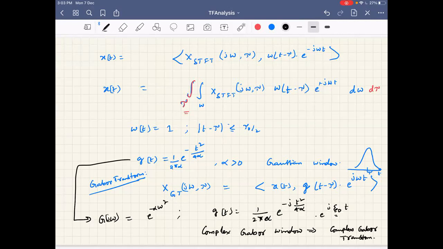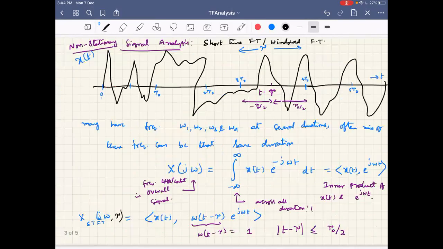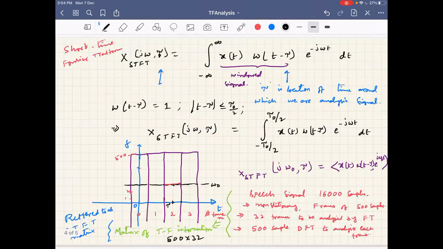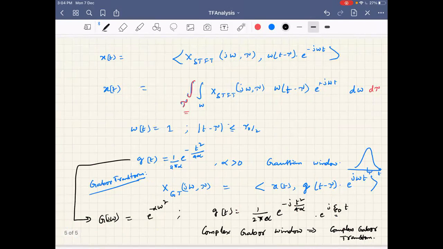In the next video lecture, we will understand how the Gabor window, or the short time Fourier transform with Gabor window, is better than the rectangular window. We will also see what the limitations of this windowed Fourier transform are overall.